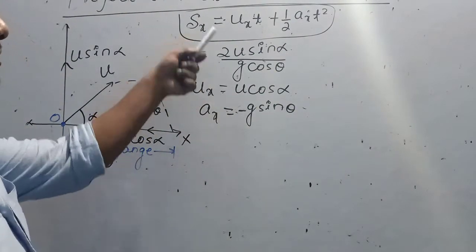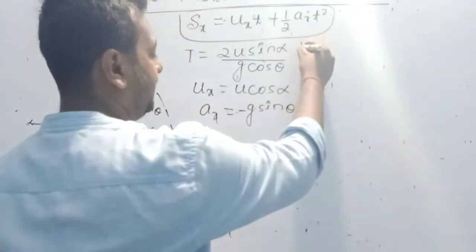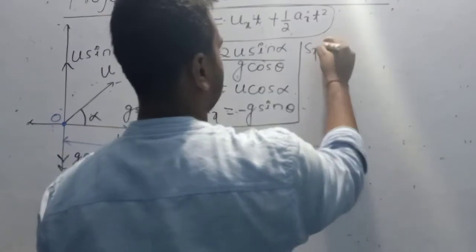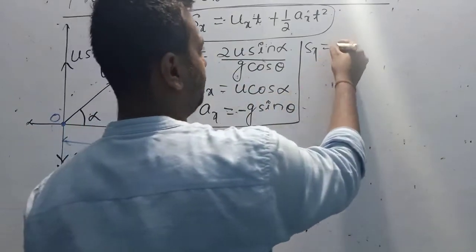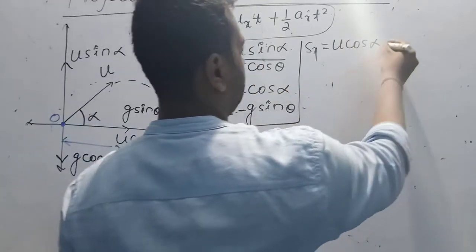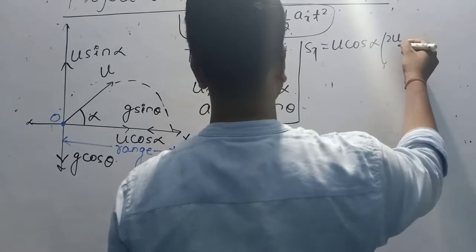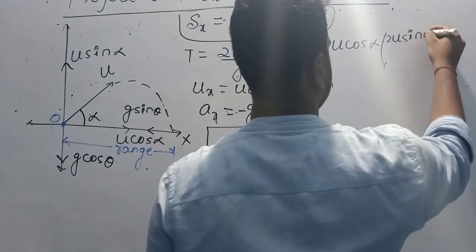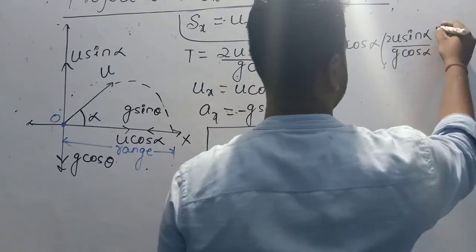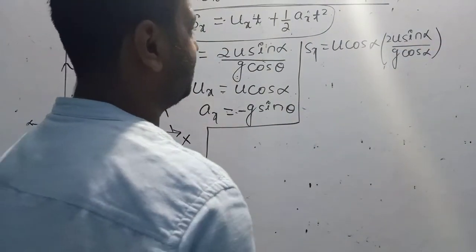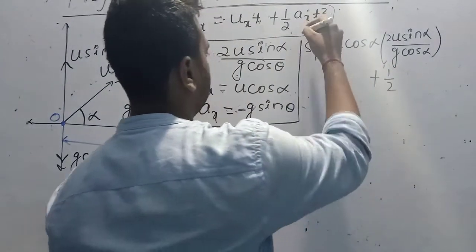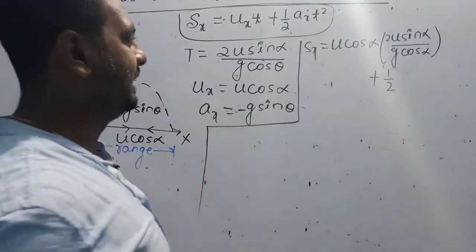Now put these values in this formula and find the range. So range is equal to ux. What is ux? u cos alpha. What is the value of t? 2u sin alpha upon g cos theta, plus half into the acceleration due to gravity x component.